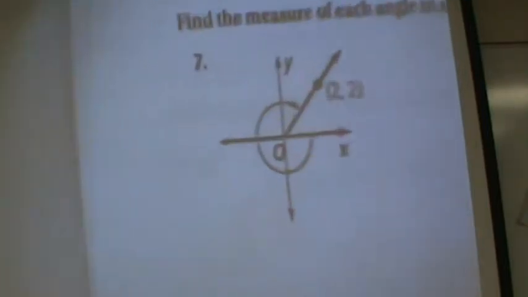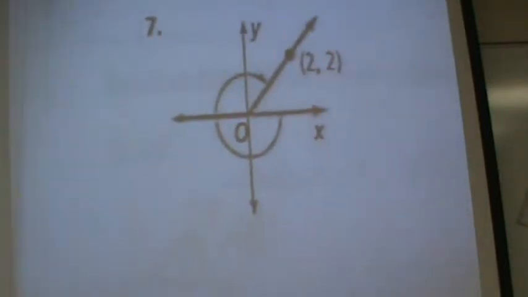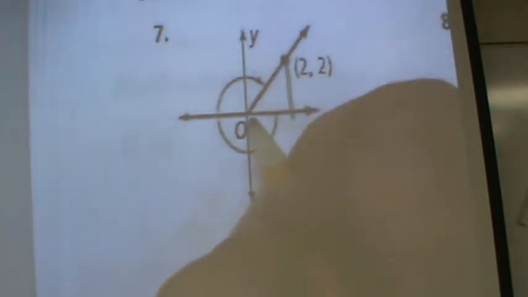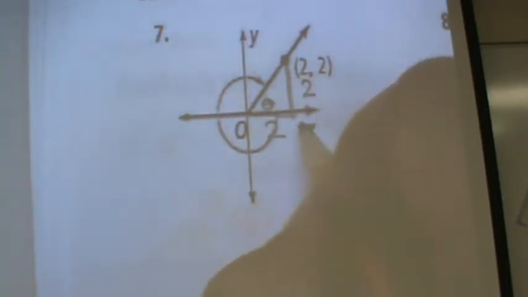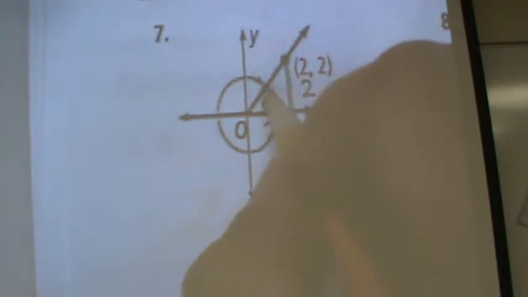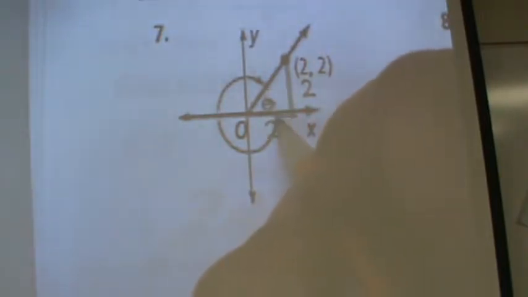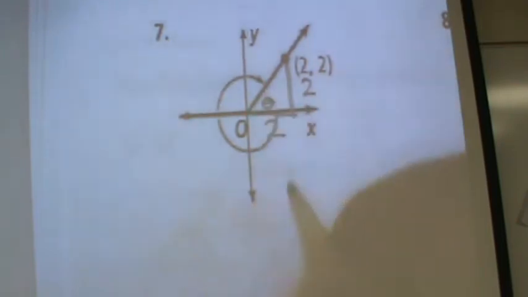Okay, number 7. So, if you construct this, this side is 2 units and this side is 2 units. So what angle is this? It's a 45-degree angle. From here to here is 45, but that's not the measure I want. I want from here to here. So how would you figure that out?